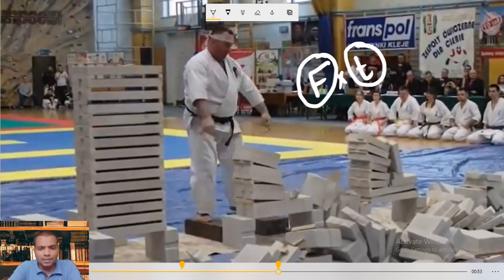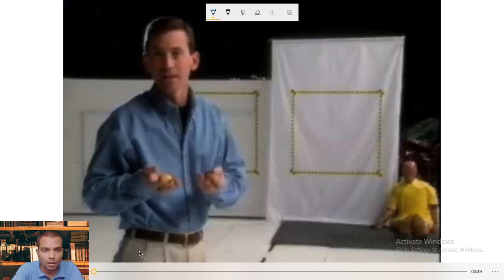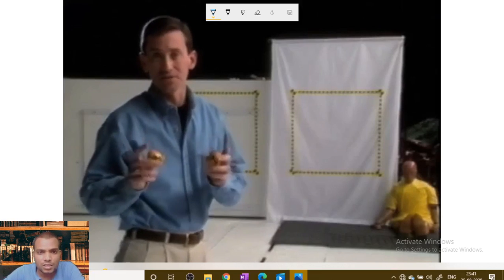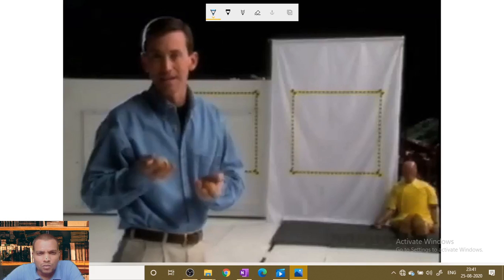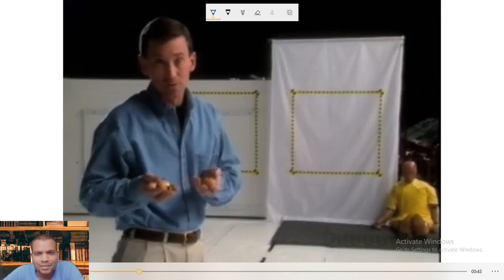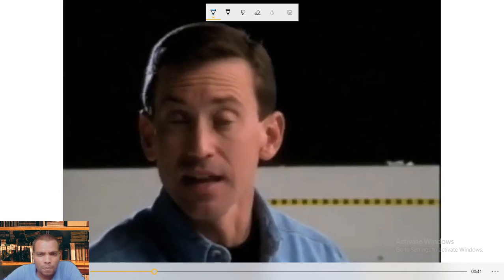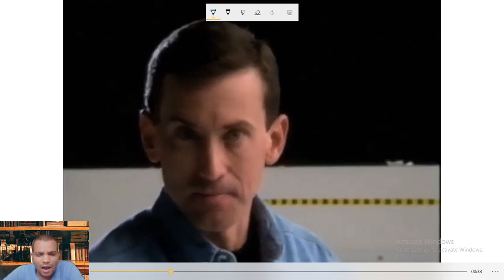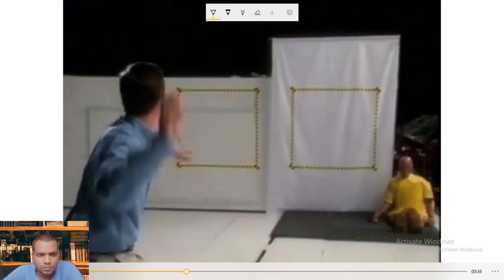So let me explain this impulsive force with a very general example. This is an example. We are throwing eggs. We are throwing an egg at one solid wall and at another, a cloth wall.